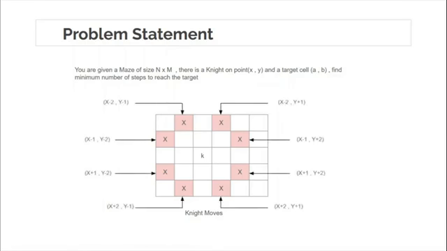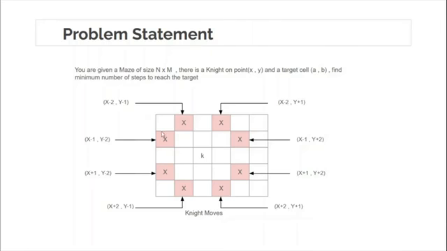Now if the coordinate of the cell in which the knight is x comma y, then this cell would have coordinates x minus 2 comma y plus 1, and I'm not using a normal 2D xy graph. This is the 2D array.